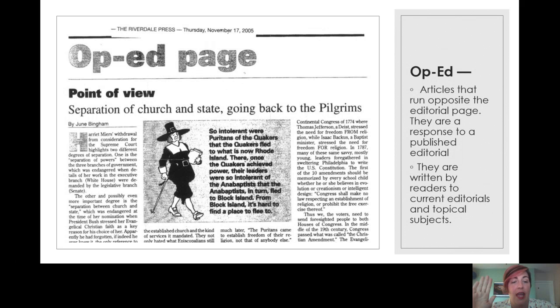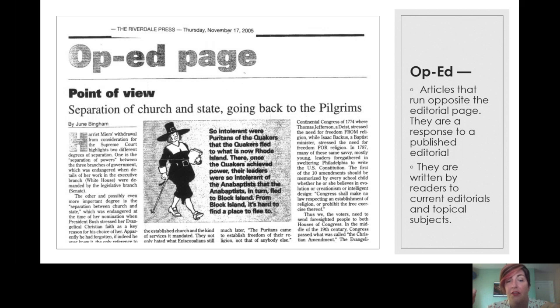So this was a point of view. So it was someone else's point of view. So this reader, and if you look at the byline, they still gave her a byline, June Bingham, talked about the separation of church and state, which is something that a lot of people go back and forth about. So she gave her opinion of separation of church and state. She included some information, some facts.